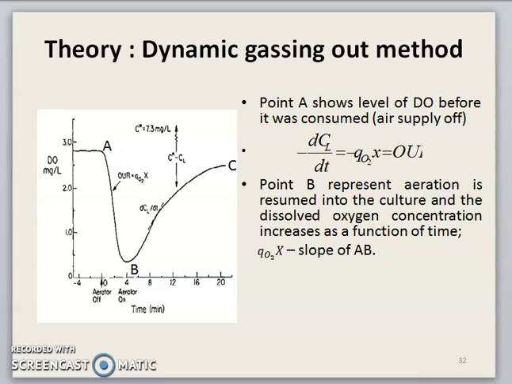Let's see the schematic diagram here. Point A shows the level of DO before it was consumed, meaning the air supply is off.